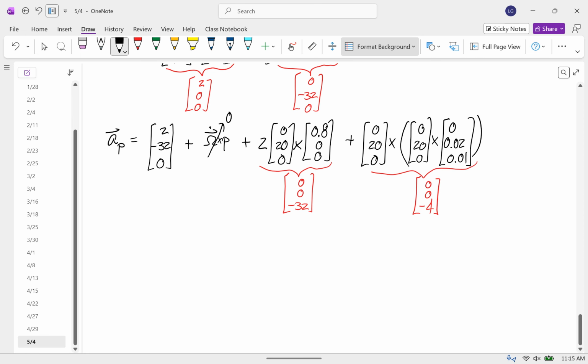And so all together, the acceleration of that point P is 2, negative 32, negative 36.